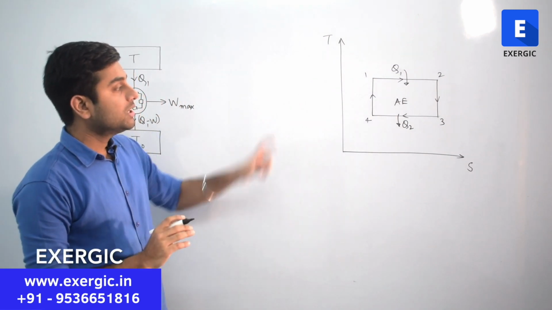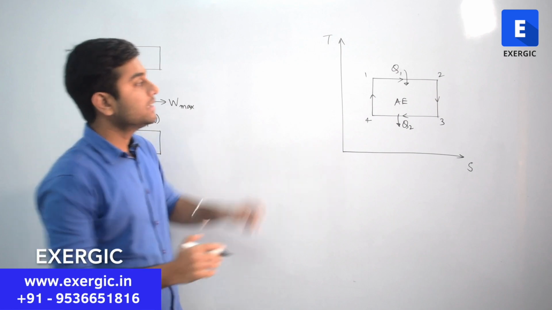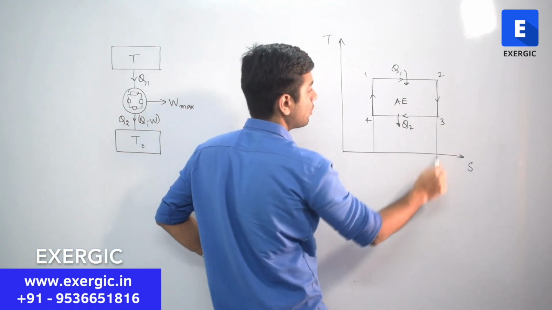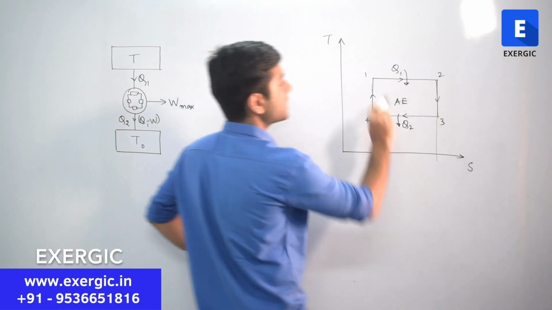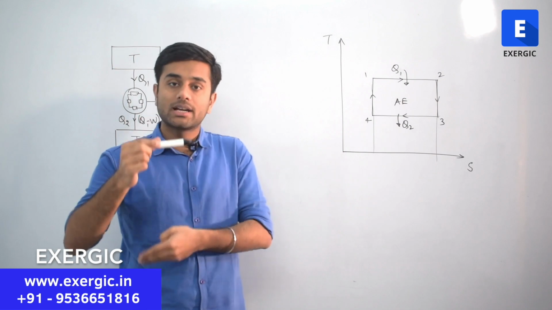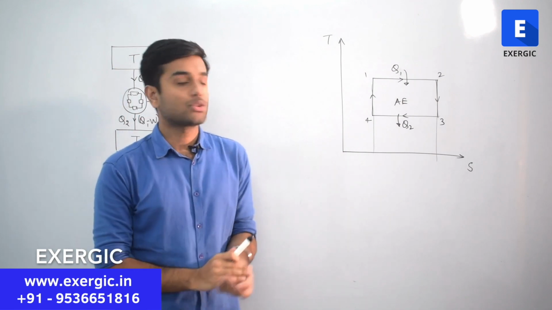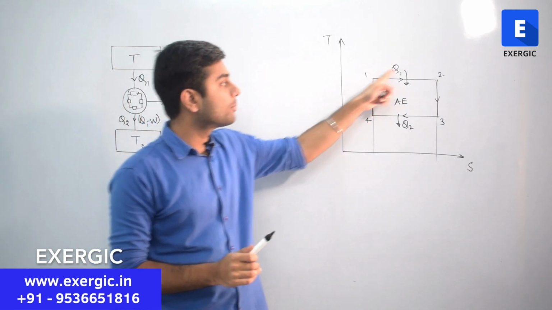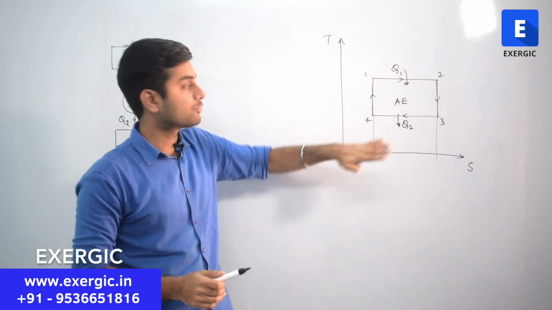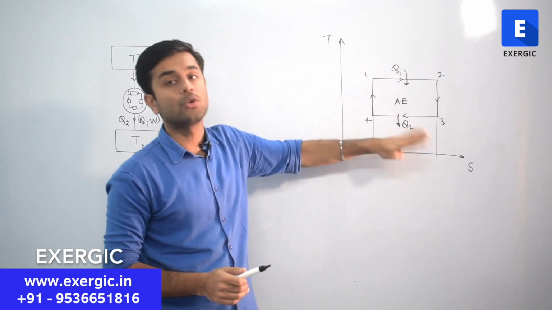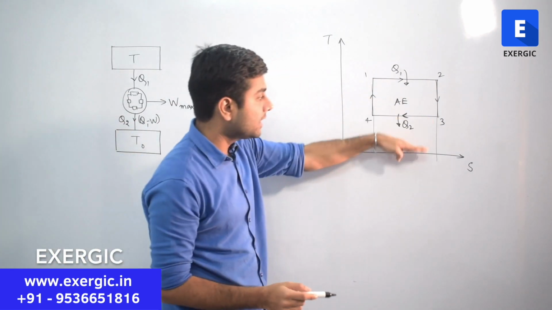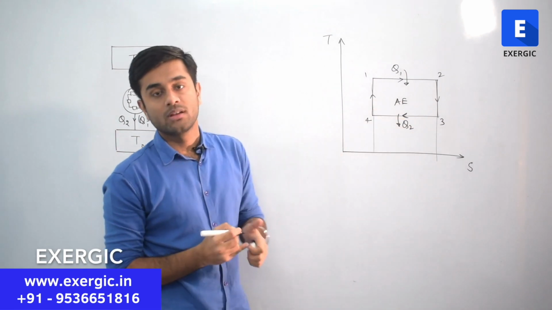If I talk about the area on TS diagram, then the heat Q1 will be represented by this whole area. Correct? Because for any line on TS diagram, the area below that line or below that curve tells the heat. So if I want to know how much is the heat absorbed from 1 to 2, that is going to be the area below that line or below that curve. So this full area is the Q1. And in moving from 3 to 4, this area is Q2.